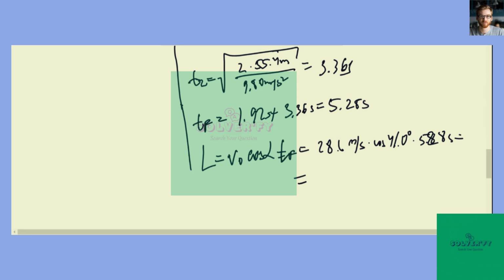Let's calculate it. It equals 114 meters.